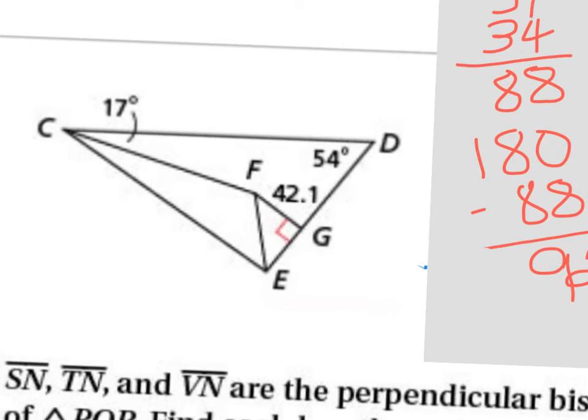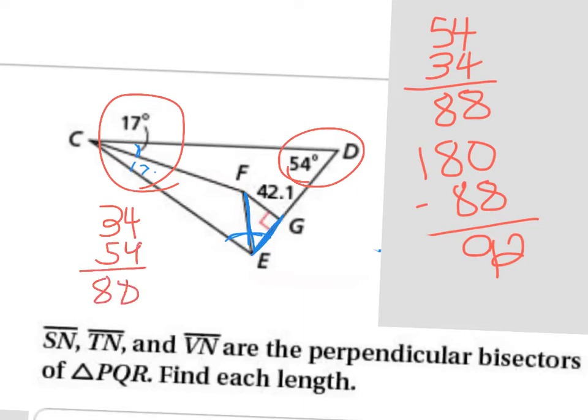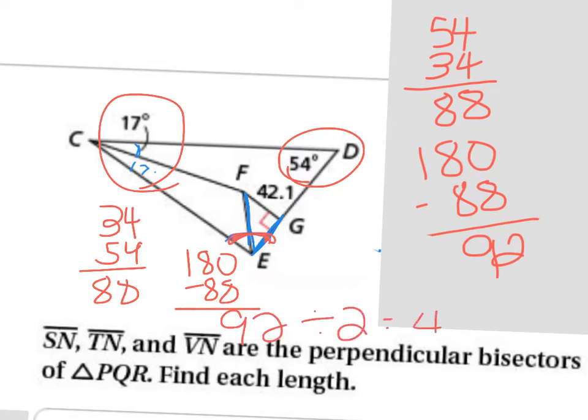So if this is 17, then this is 17, and I need to find this angle so I can cut it in half to get what they're asking me for. I would do 17 plus 17, which is 34, plus this 54. I get 88. Subtract that from 180. I get 92. That's this whole angle. So to get half, I would divide it by 2. And that's where your 46 comes into play.